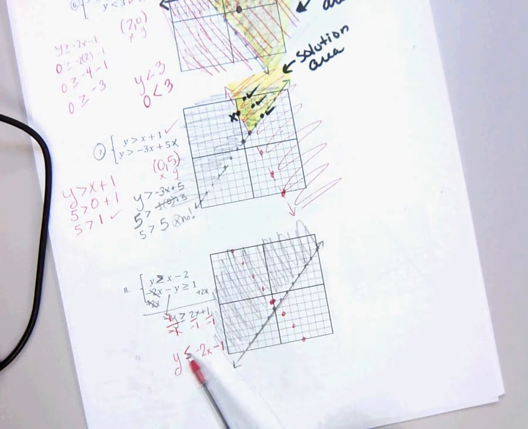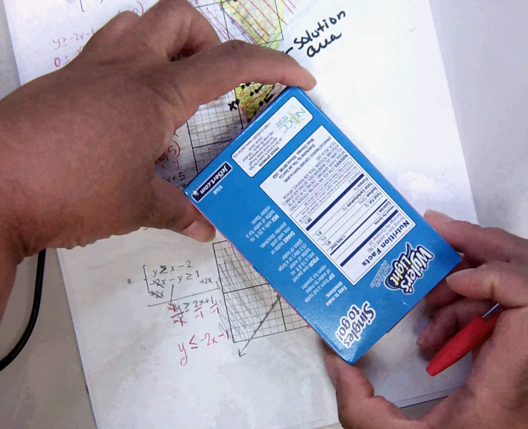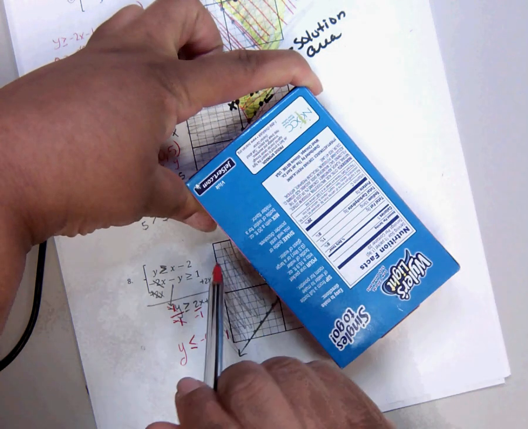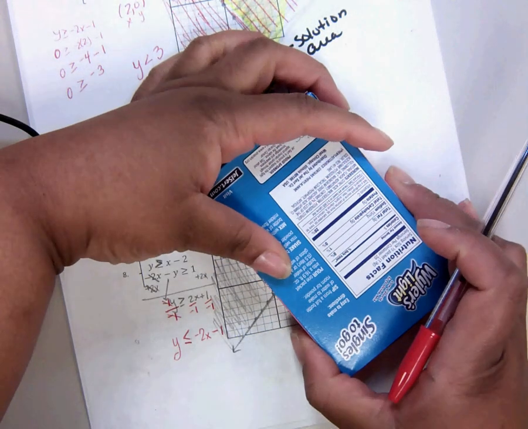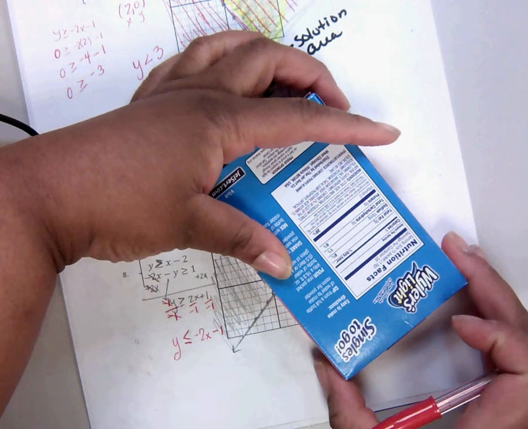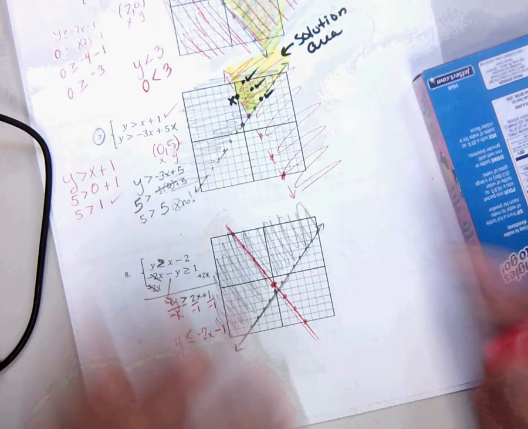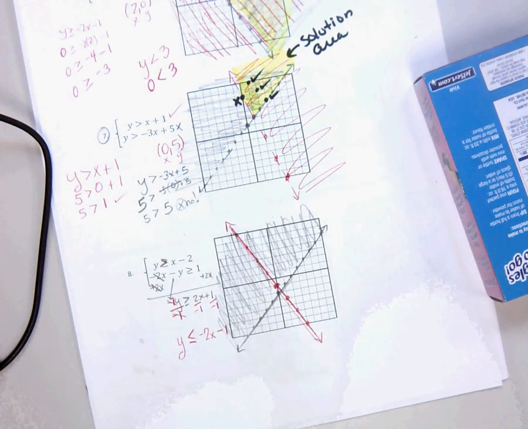Okay, so I draw a solid line. I missed it again. Guess I should have held it at the top. Aha! I got it that time. I need to shade below.